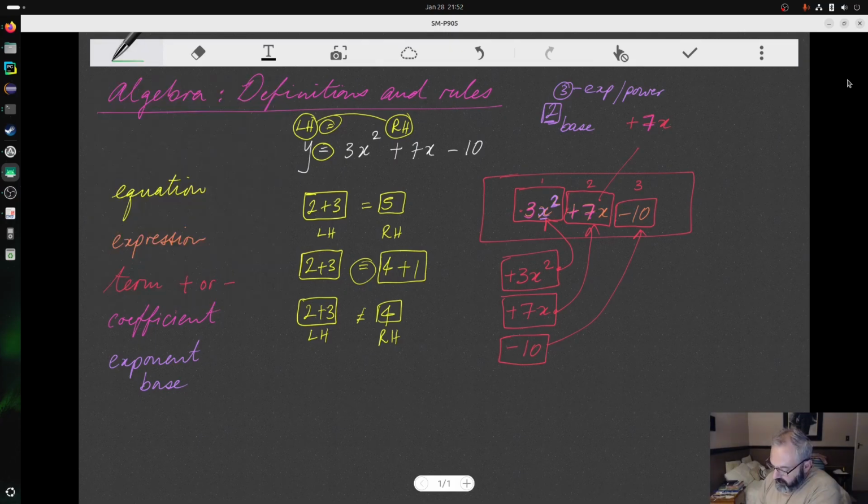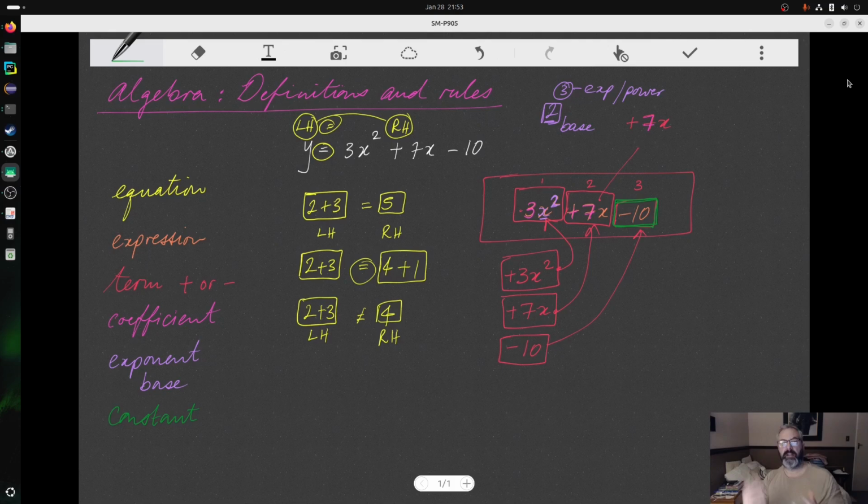The first one is a constant. And a constant is exactly as the name suggests. It's something that remains constant, that can never change. In this expression, only the negative 10 is constant. And why is it constant?